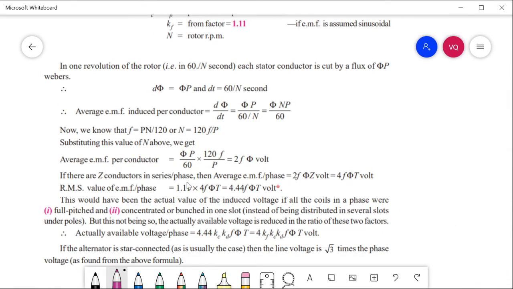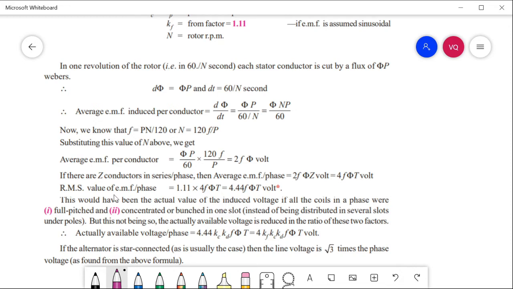If there are Z conductors in series per phase, then average EMF per phase is equal to 2F flux Z volt. So that is for frequency, flux, number of turns in volt.